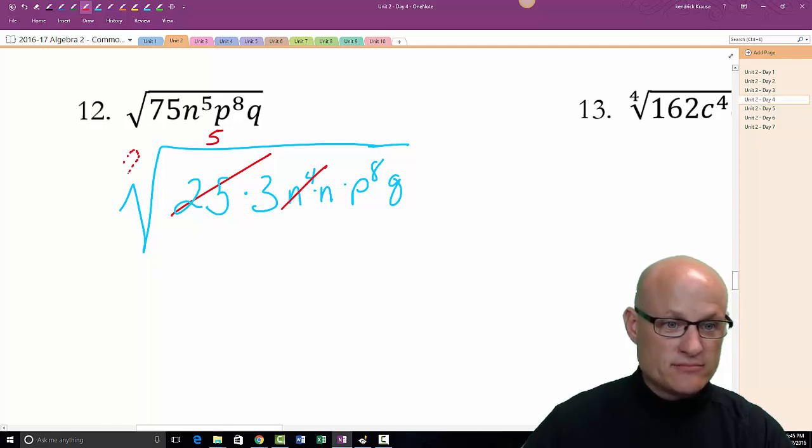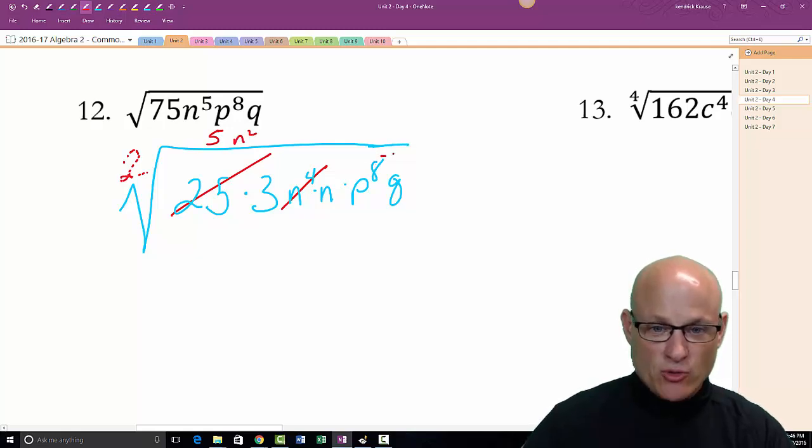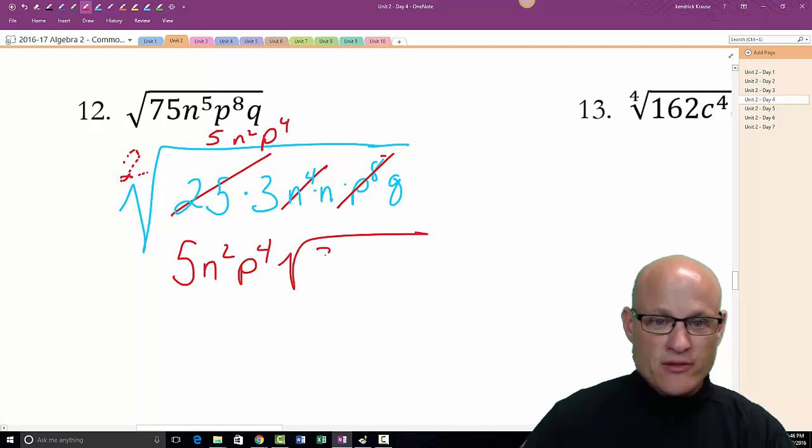You just can't see it. That's okay. N squared. And how many groups of 2 are in p to the 8th? 4. So 5n squared p to the 4th, 3nq.